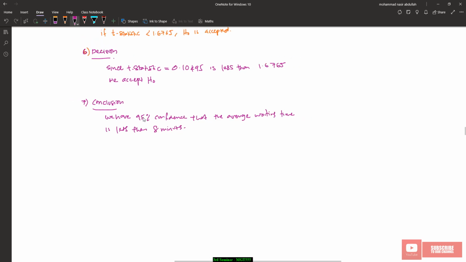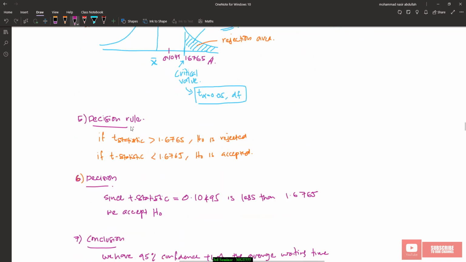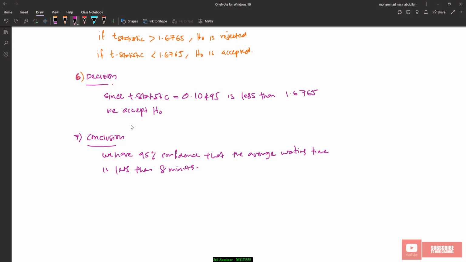Okay, boleh faham tak? Ada soalan tak? Before kita masuk p-value punya konsep. Soalan? Yes, sedikit susah nak faham.